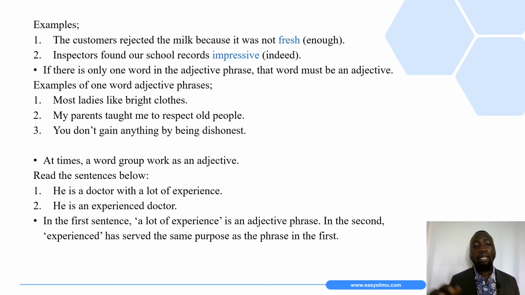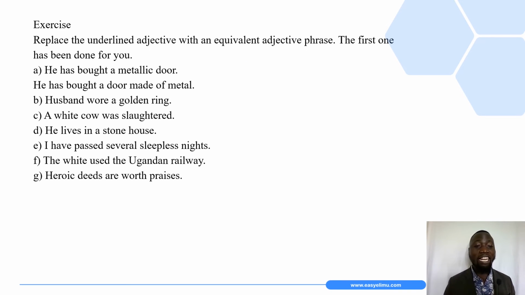On to the next thing, we have further examples that are given in question form. The instruction: replace the underlined adjective with an equivalent adjective phrase. The first one: he has bought a metallic door. The underlined adjective there is metallic.